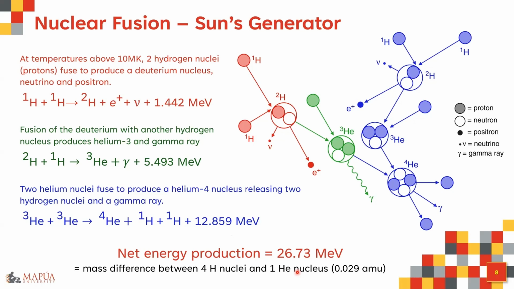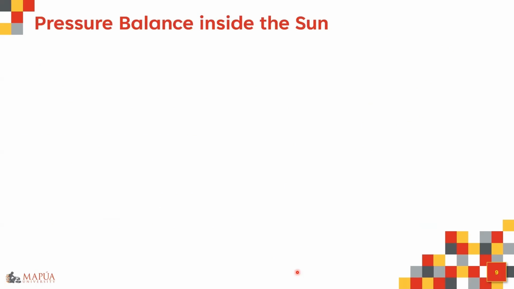And then how this energy is transferred from the core to the surface of the sun, that is what we're going to discuss next, the next slides. So in order to do that, we must assume several things. Okay? Number one, we have to assume that there is pressure balance inside the sun.